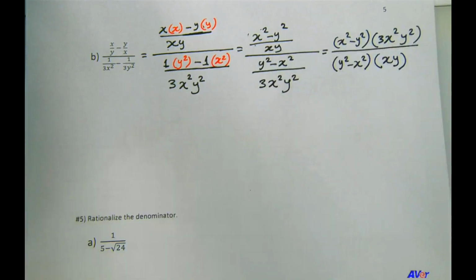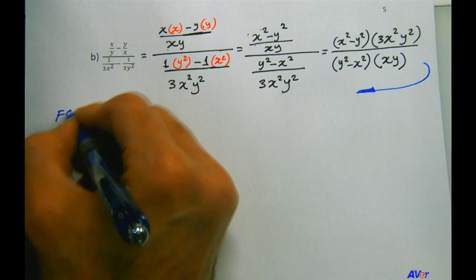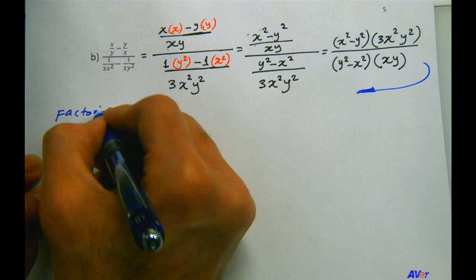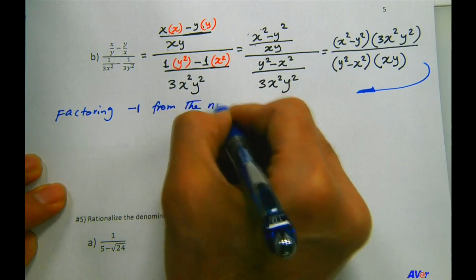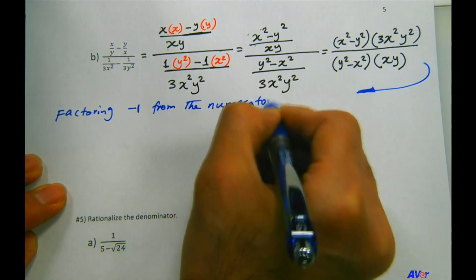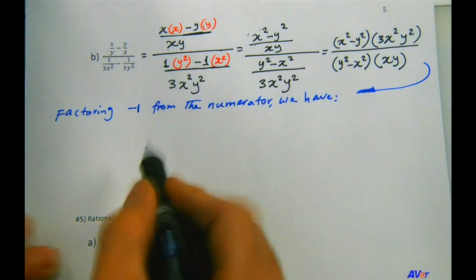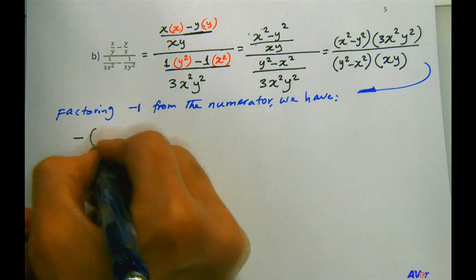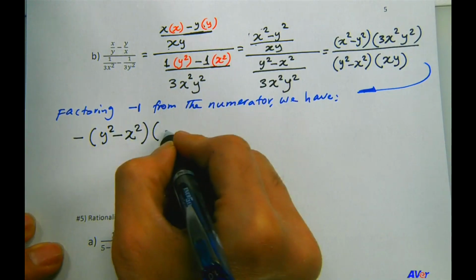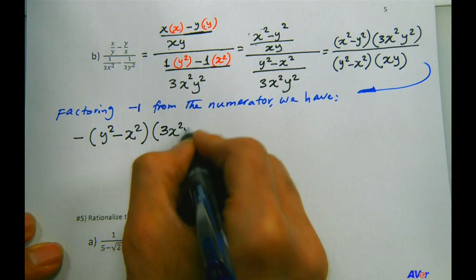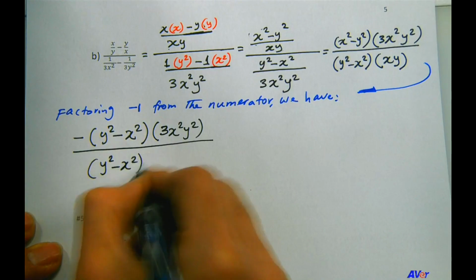So we have minus y squared minus x squared times 3x squared y squared divided by y squared minus x squared times xy.